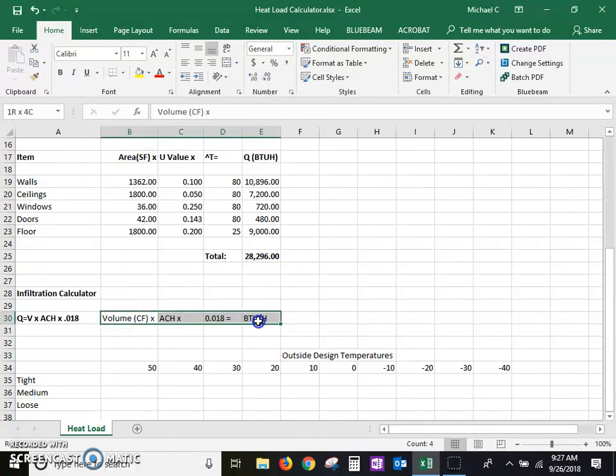So that's our formula headings here. This formula, V times ACH times 0.018. You guys with me so far?